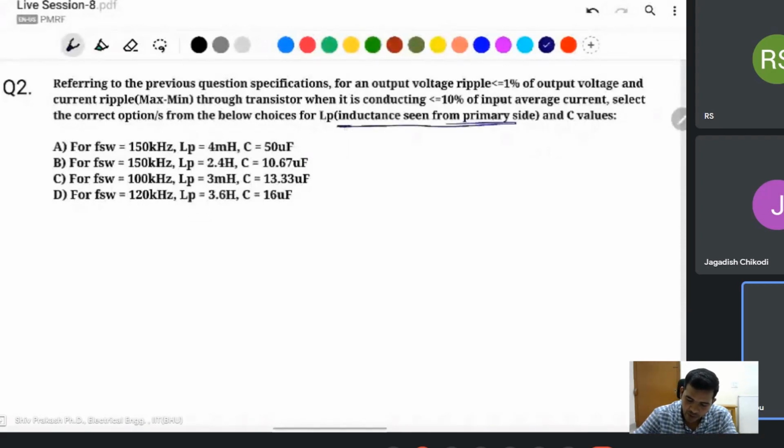Inductance seen from the primary side is simply, if you take the leakage inductance as 0, ideal, so leakage inductance is not present, then LP is the same as the magnetizing inductance LM.